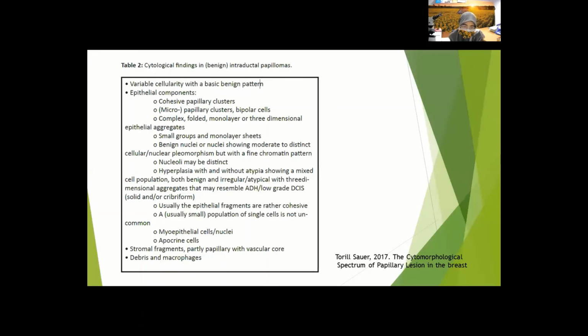Basically, those features are very much overlapping, so it is very difficult to differentiate. The only helpful differentiating features are the pleomorphism, the cohesiveness of the groups, and the presence or absence of myoepithelial cells. These are the areas that may help in differentiating.